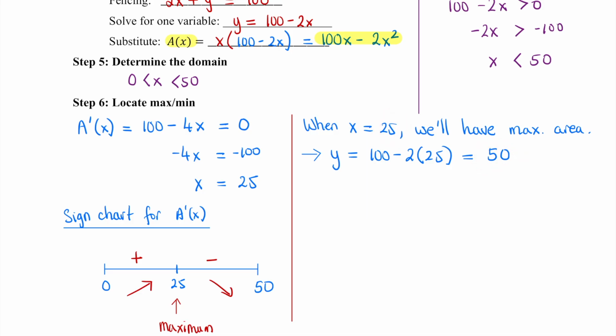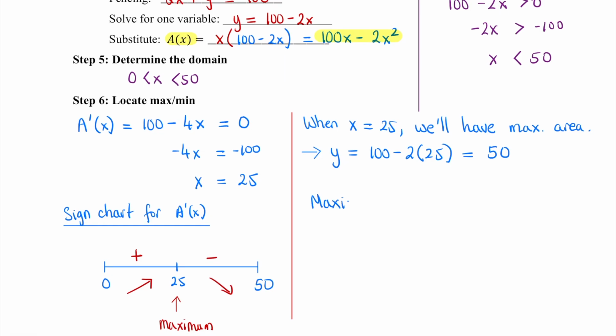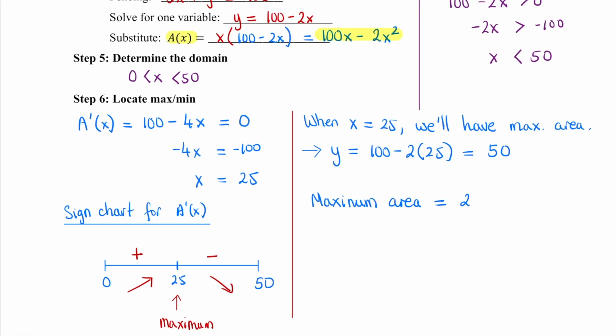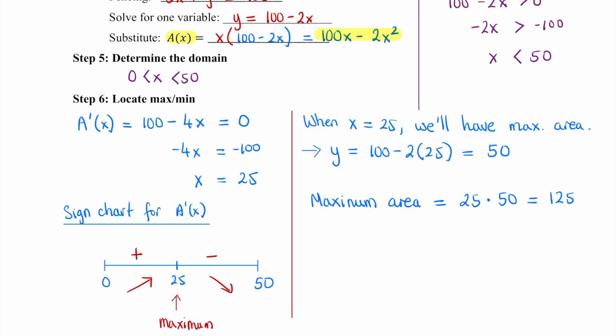Now let's compute the maximum area. My area is maximized if x is 25. And when x is 25, y is 50. So to find the maximum area, I'll take 25 times 50. And that is 1,250.